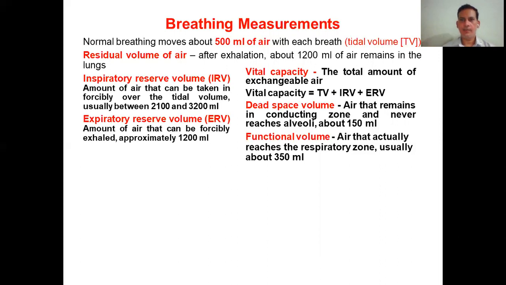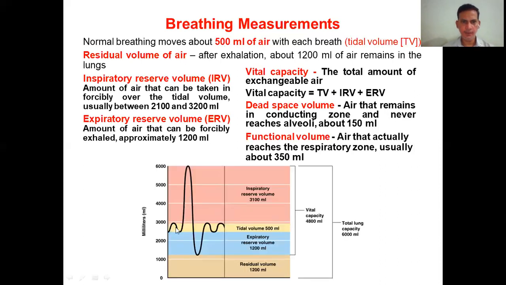If we subtract 150 ml from the tidal volume, from this 500 ml, the volume is 350 ml. That is the functional volume. So in every breathing cycle, one inspiration and expiration, only 350 ml of air is being taken from the environment and reaching the alveoli. The remaining 150 ml just gets stuck in the passage.